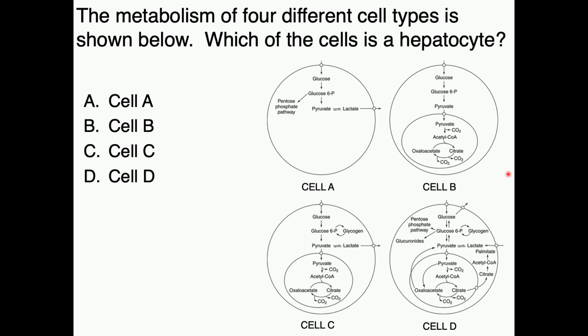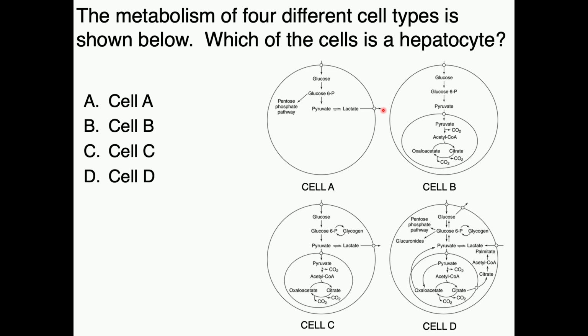So which one is a red blood cell, do you think? This is the mitochondria. So the cell that's just taking in glucose and effluxing lactate, that's going to be the red blood cell's metabolism.